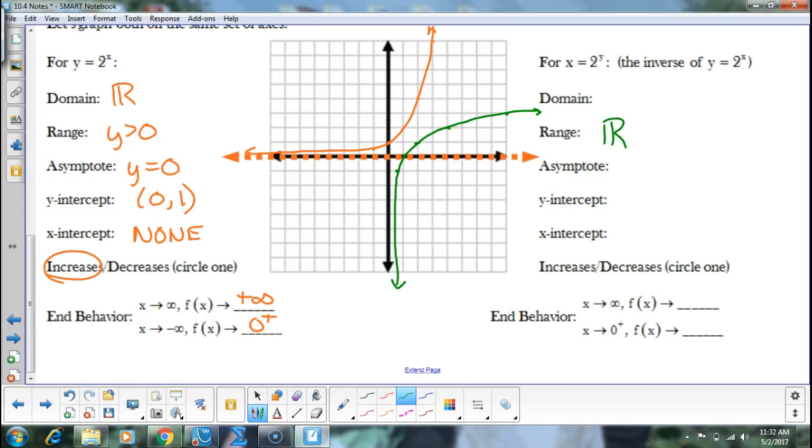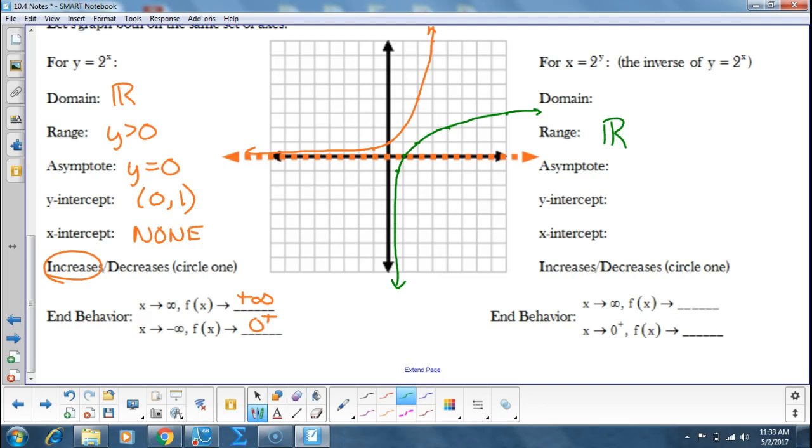Going back to my orange function, where did I see all real numbers? Domain. Oh, okay. Because what happened? We switched the x and the y, right? What's domain? X's, right?